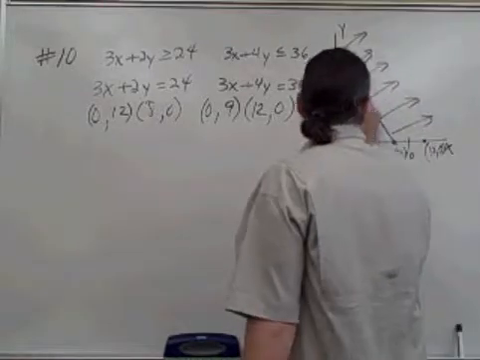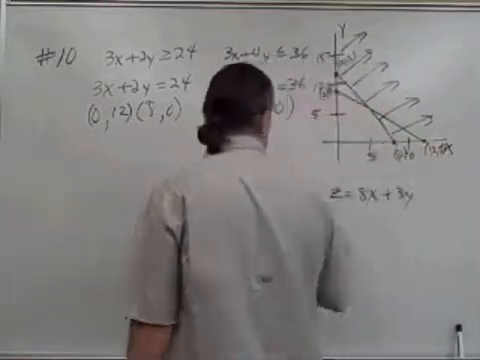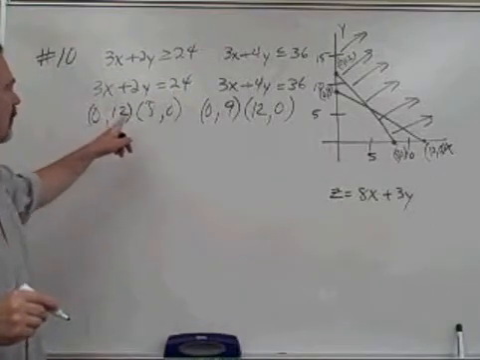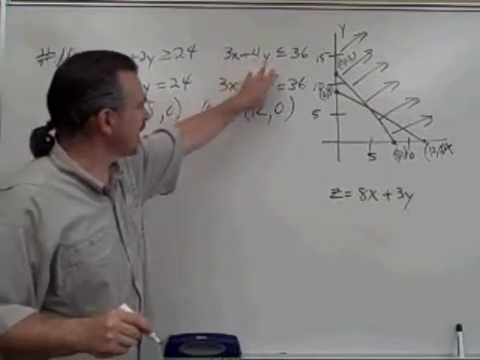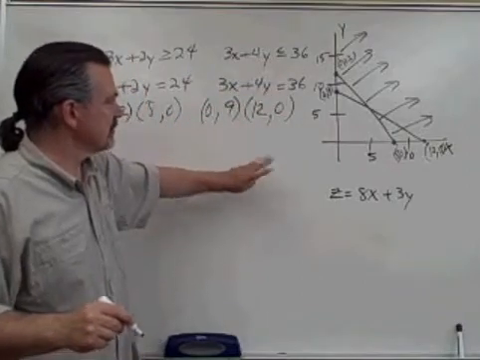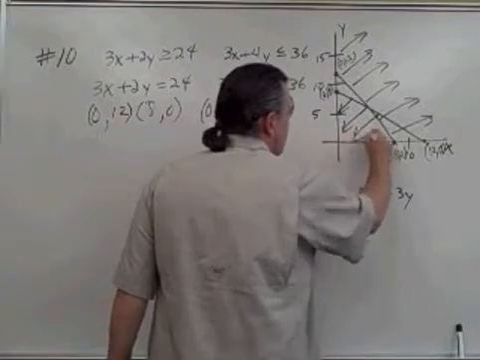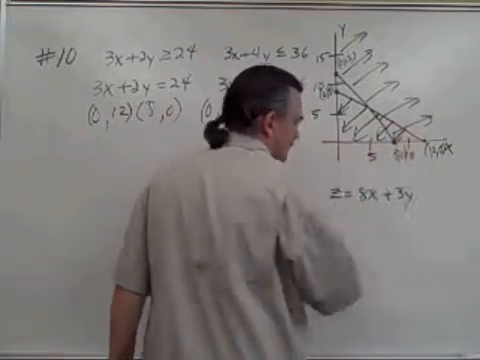So here's our line for that equation. And now we want the ordered pairs that will make that less than 36, which would end up being the ordered pairs here below the line.